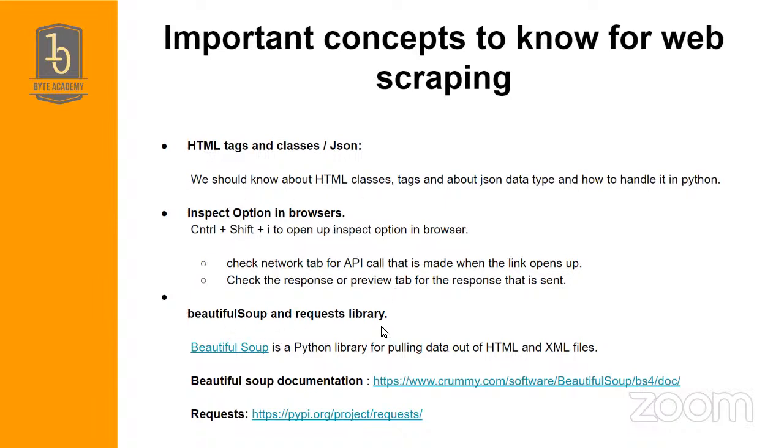The two libraries that we will be covering as basics for web scraping in this section are Beautiful Soup and the Requests library. These two are the basic libraries that you should know while starting out with web scraping using Python.